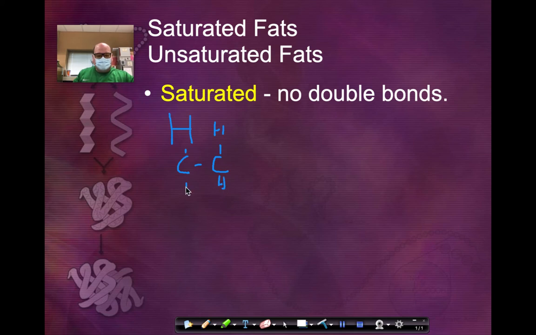I'm trying to draw some H's here. Now, those are all single bonds, and you guys probably know carbon can make 4 bonds, okay? So, saturateds are holding all the hydrogen possible, okay? So let's keep that in mind.